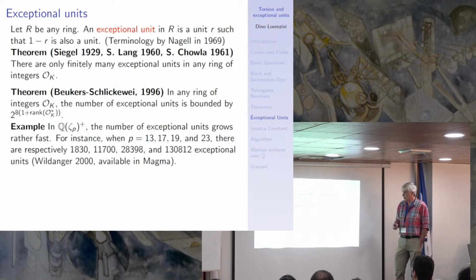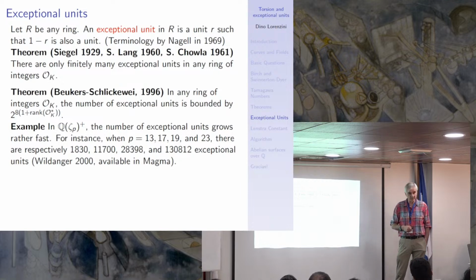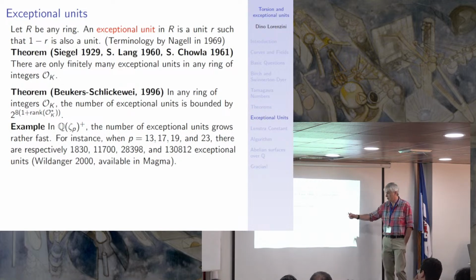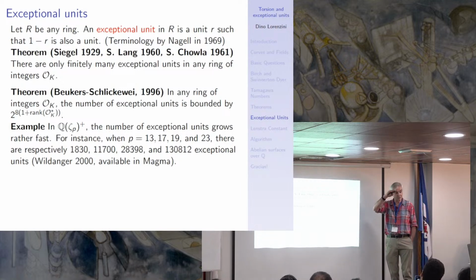And that result was already known in 2000 by computations, and now Magma and other programs have implemented the computation of exceptional units, I believe, up to fields of unit rank 10. So 23 is at the limit. I'm not sure you can do Q(zeta_29) on Magma, but maybe something has been improved. But somehow we're getting to the limit of what the machine will do for you.